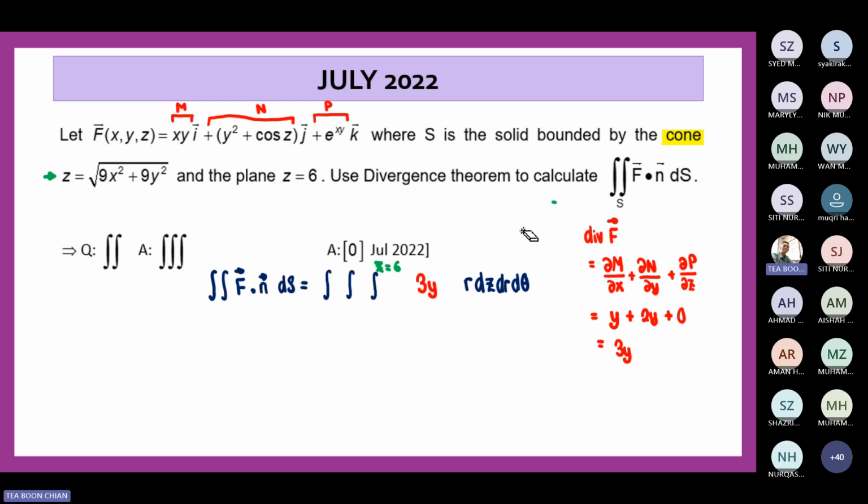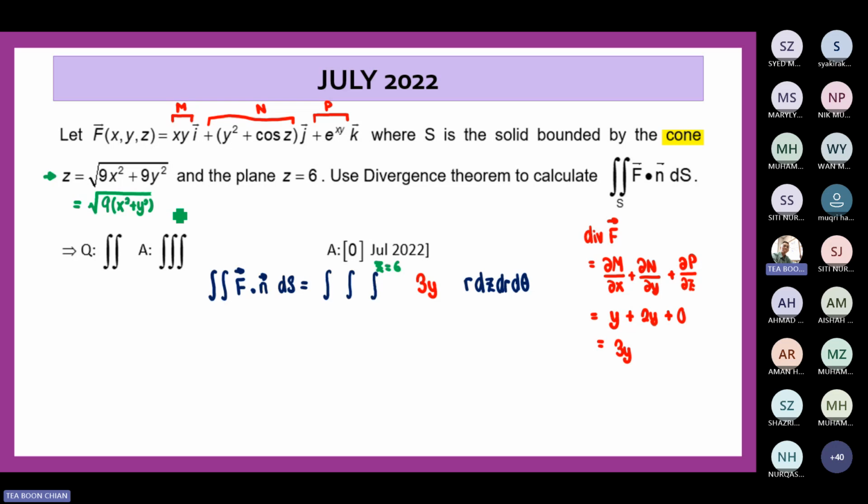So what about the surface of the lower limit? We are given the equation z equals square root of 9x squared plus 9y squared. Now try to do a bit of mathematics here, because you notice that 9x squared and 9y squared, you can factor out 9 in the bracket, x squared plus y squared.